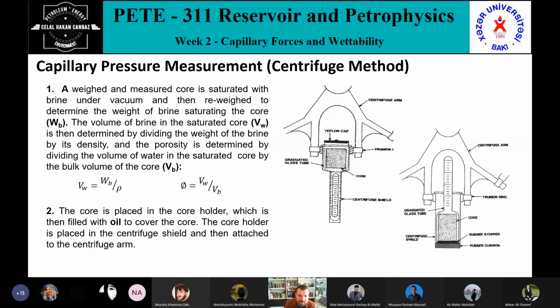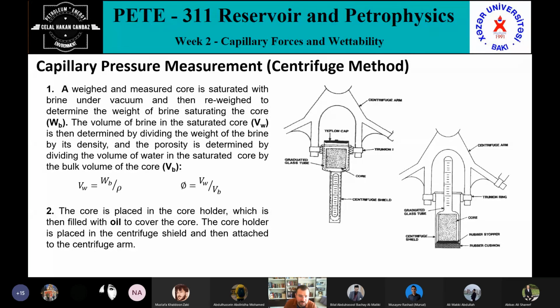The volume of brine in the saturated core, called VW, volume of water, is then determined by dividing the weight of the brine by its density, and the porosity is determined by dividing the volume of water in the saturated core by the bulk volume of the core, which we call VV.